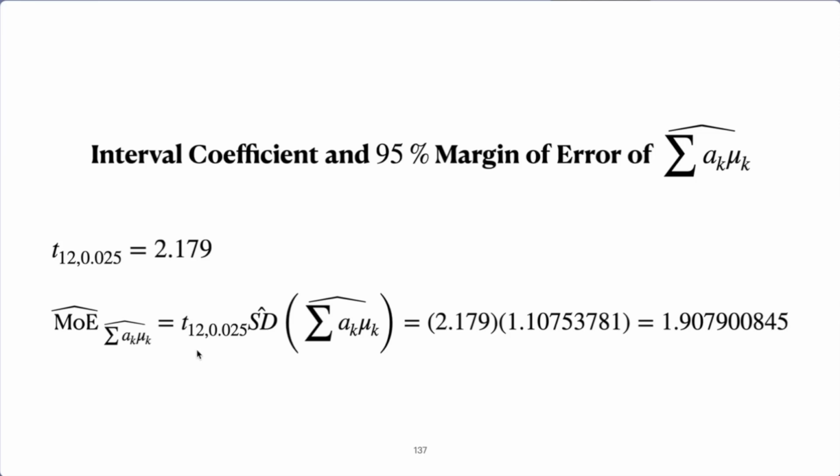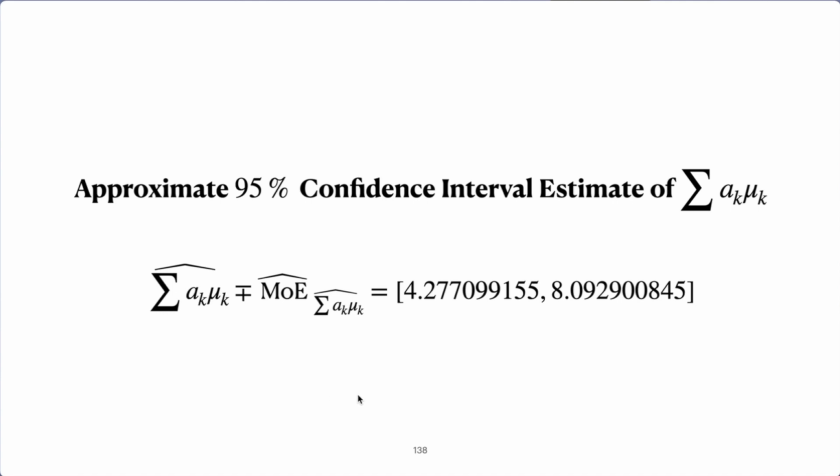That's the product of the interval coefficient and the estimated standard deviation, and so we get 1.907900845.